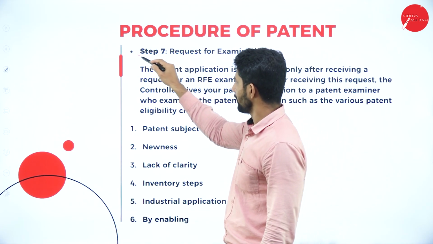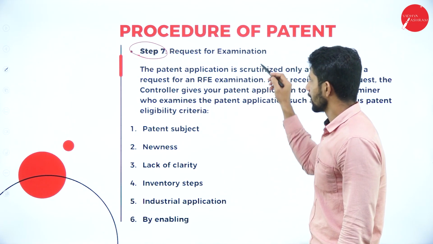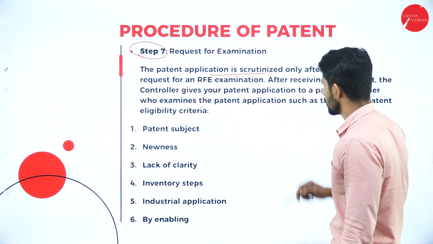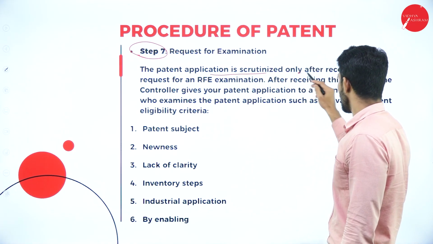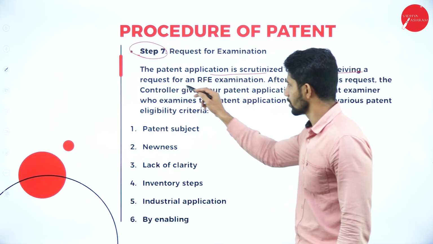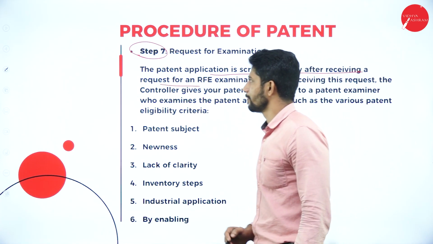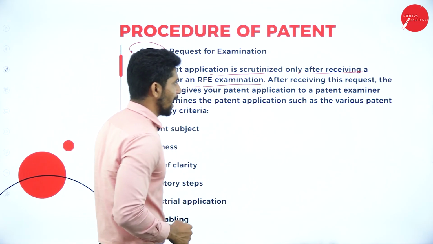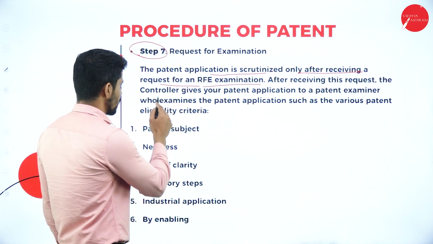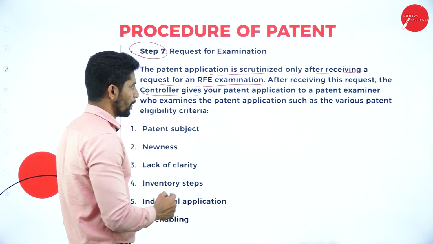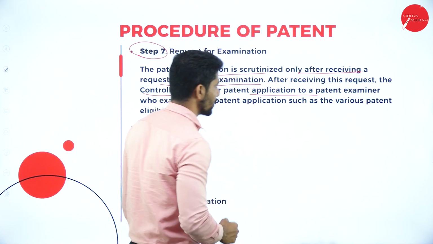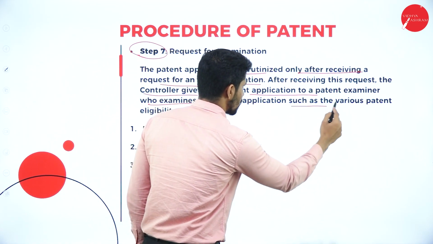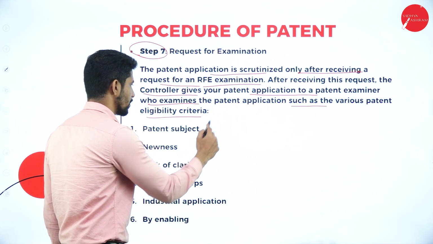And step number 7, request for examination. The patent application is scrutinized only after receiving a request for examination, the RFE. After receiving this request, the controller gives your patent application to a patent examiner, who examines the application against the various patent eligibility criteria.